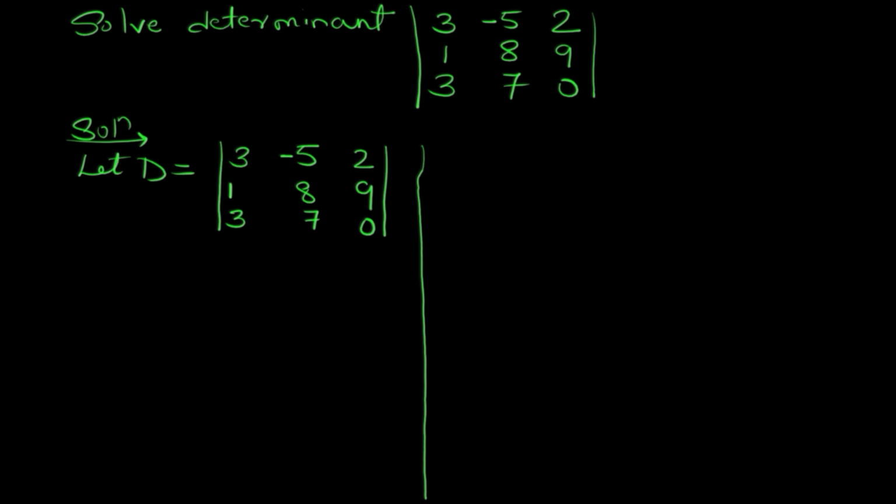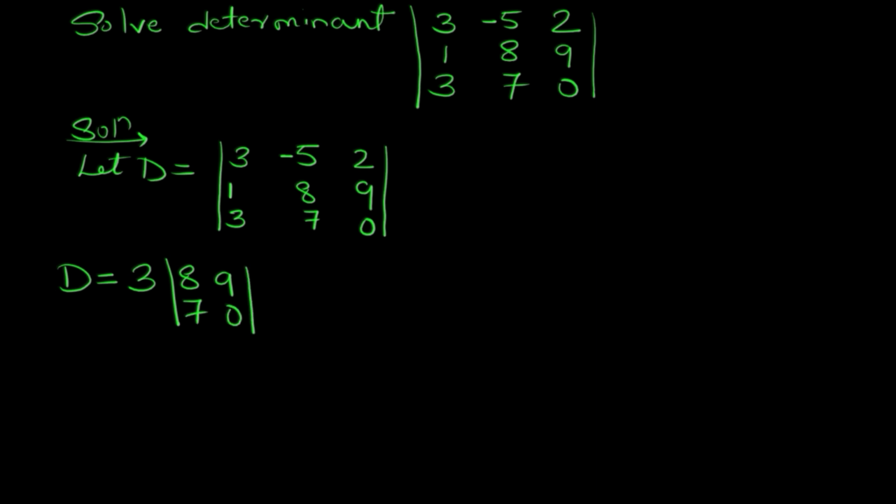Now we start. D is equal to 3 times the determinant 8 9, 7 0.